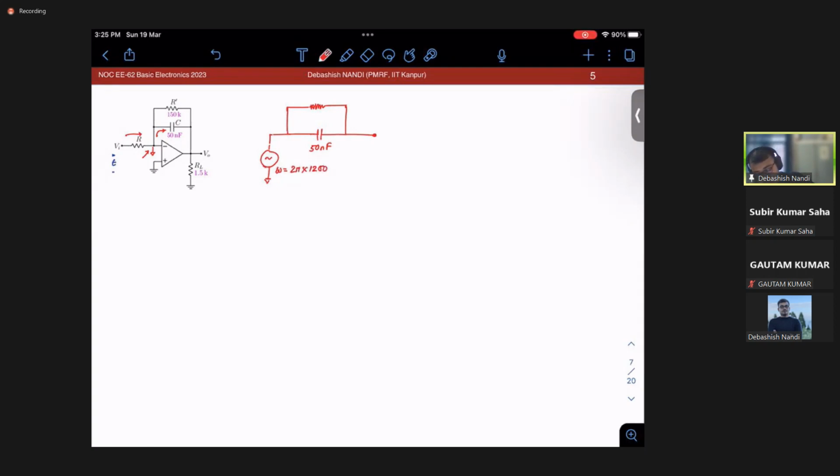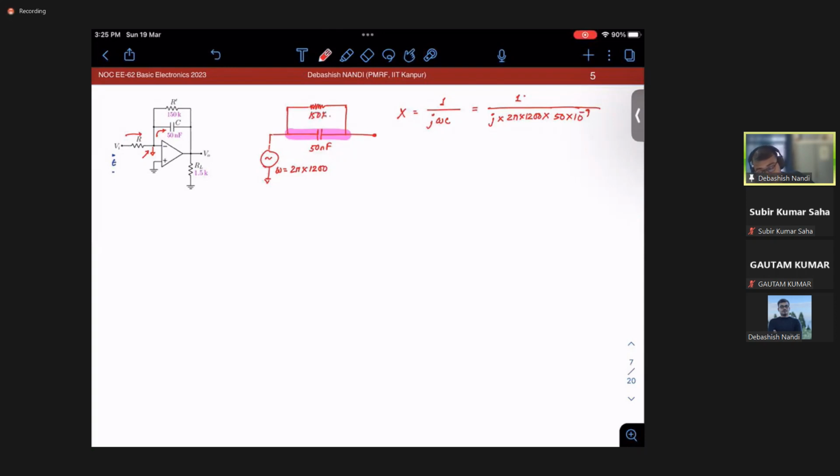It is nothing but, let's say X is 1 over j omega C. Okay. What is 1 over j omega C? This is 1 over j into 2 pi into 1200 into, what is this? This is 50 nanofarad, right? 50 into 10 to the power minus 9. And what about this resistance? This is 150K.